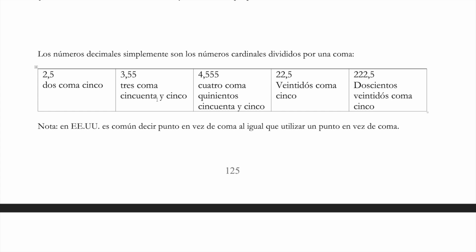So I'm kind of curious about that. But if you ever see, for example, 2,5, this would be your decimal, equivalent to the US 2.5. So if you're a fan of a 5.0, Spanish grammar would be 5,0. Keep that in mind. So that being said, this is all for decimals, fractions, and ordinal numbers.